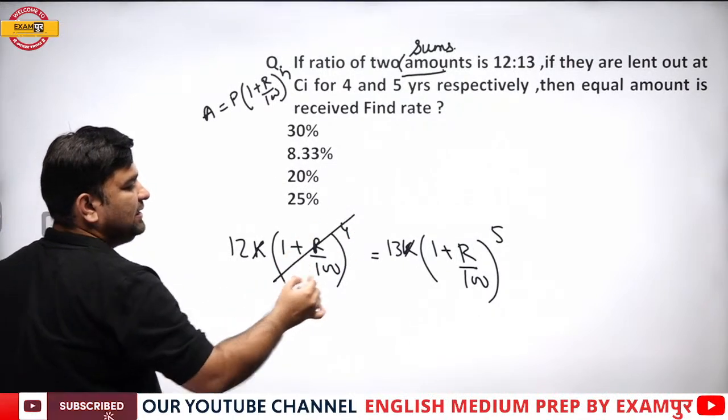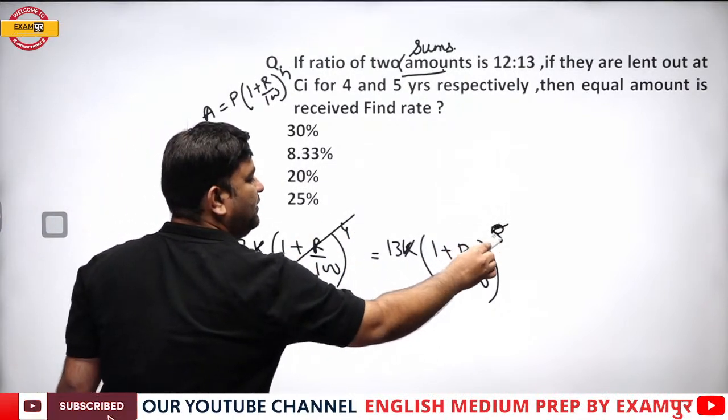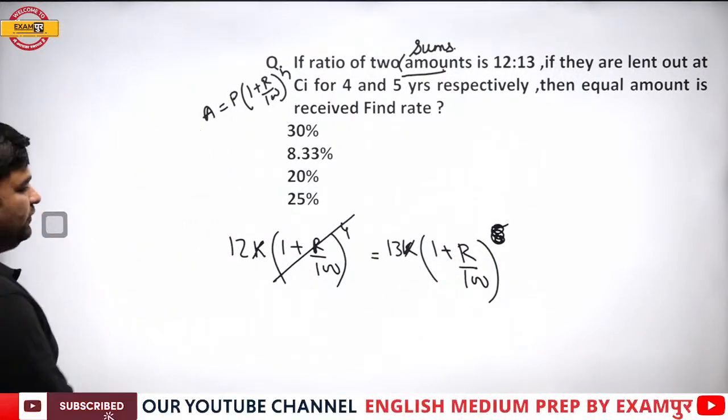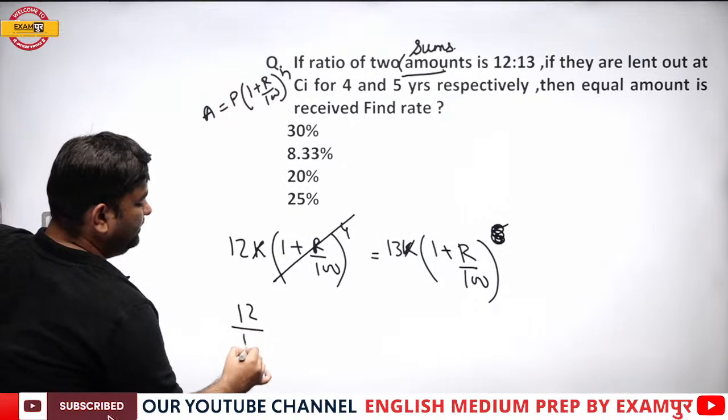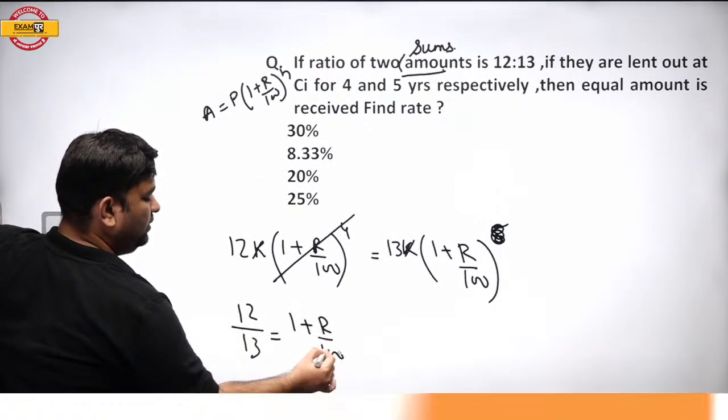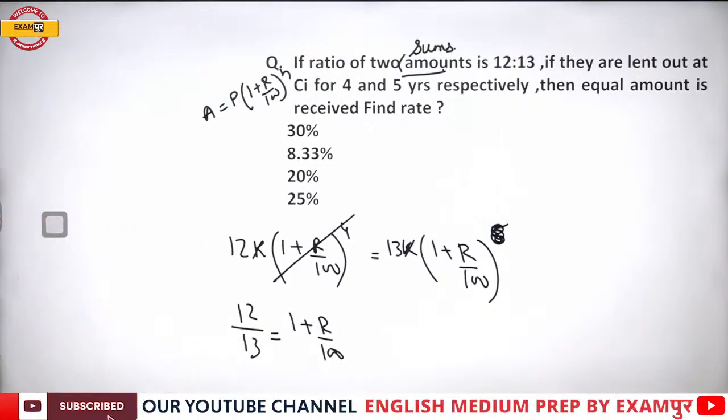Power 4 will cancel out the power 5 and only power 1 will remain. So 12 by 13 is equal to 1 plus R upon 100.